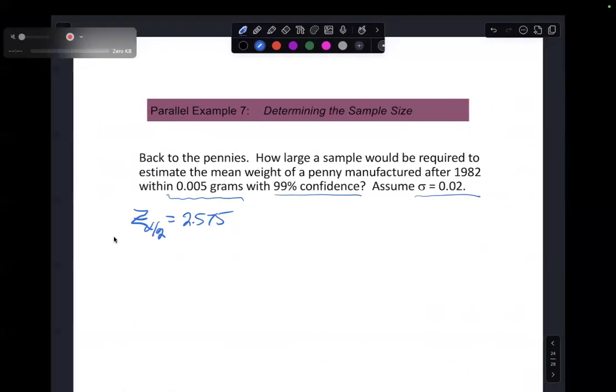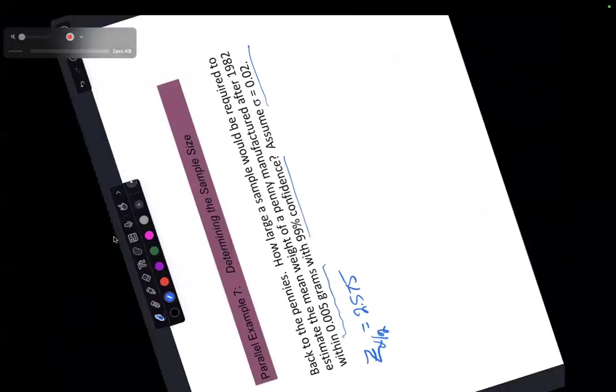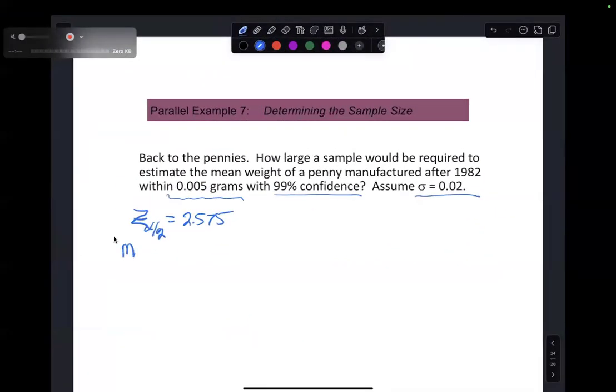My margin of error is 0.005, and my standard deviation is 0.02. This is all we need. So I'm going to do n equals, it's supposed to be little n. Samples are little n.